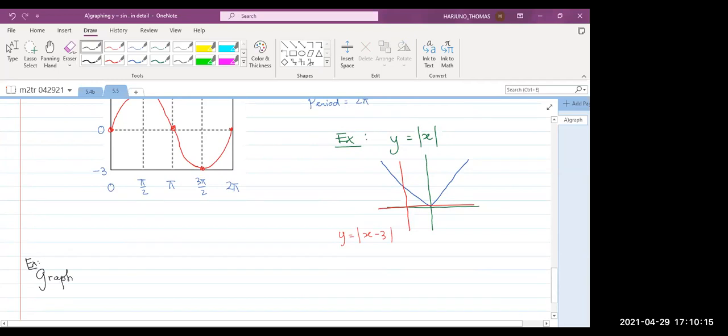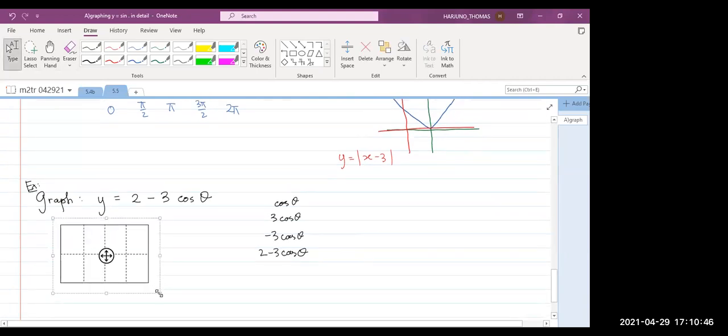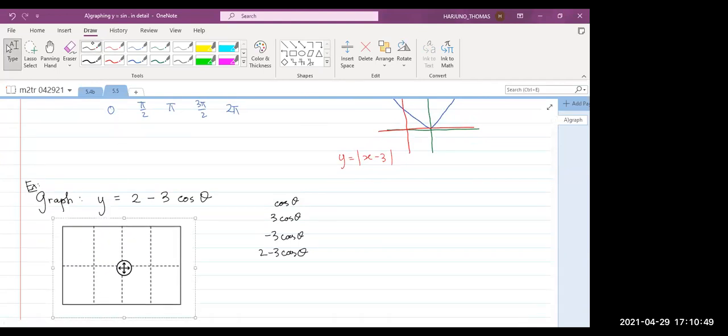Graph, for example, y equals 2 minus 3 cosine theta. This is the graph of cosine theta being stretched 3 units and made upside down, and then moved up 2 units. Therefore, the center is now at 2.